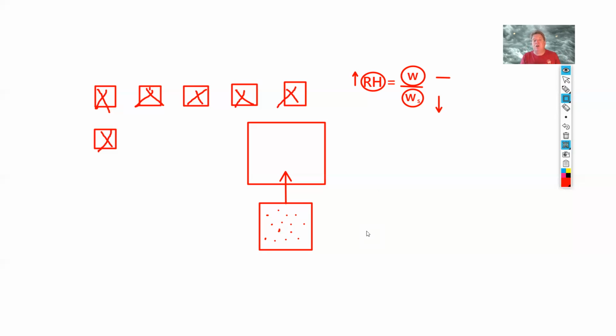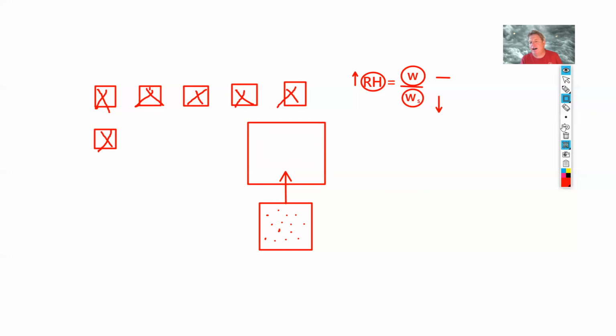But the temperature got colder, which means the capacity, W sub S, goes down. So now it's 6 over 8. That's 75%. If I continue lifting the box, I continue removing empty seats, and now I've got 6/6. What is happening? The relative humidity's gone up to 100%, and now we say the air is saturated.